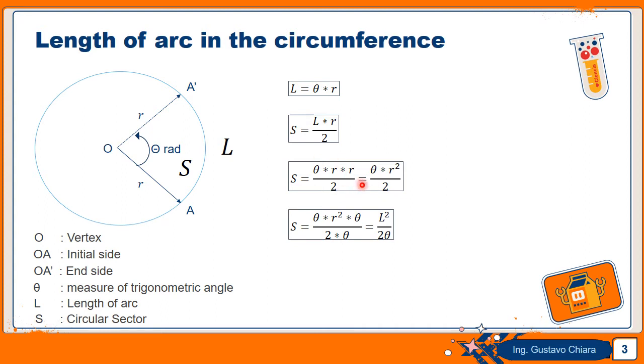So in the same way, if you multiply the theta here and here, you can find the expression L squared divided by 2 theta. So these are the two expressions that we are going to know in order to resolve any problem.